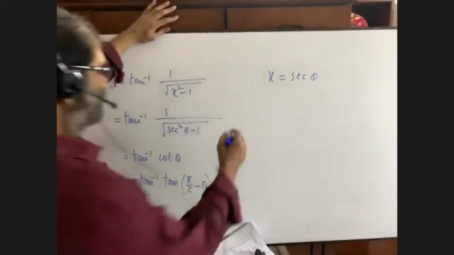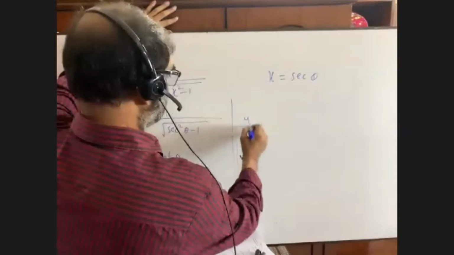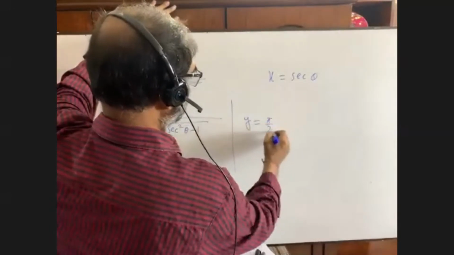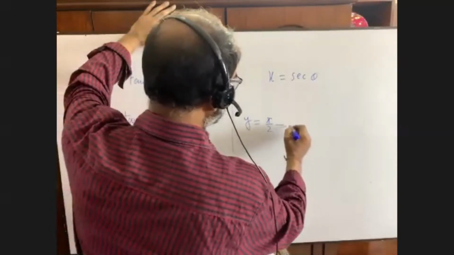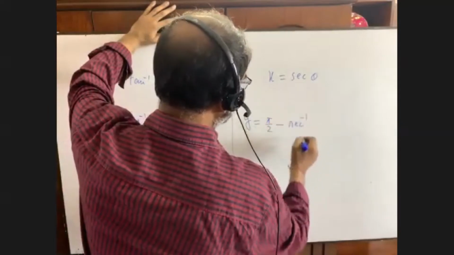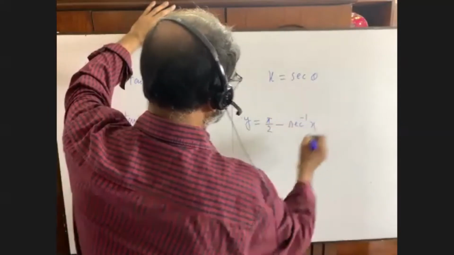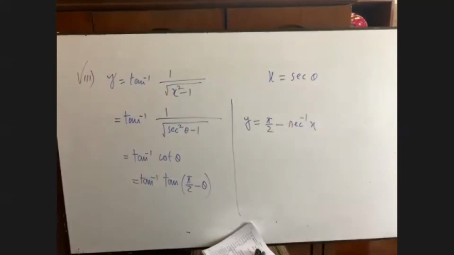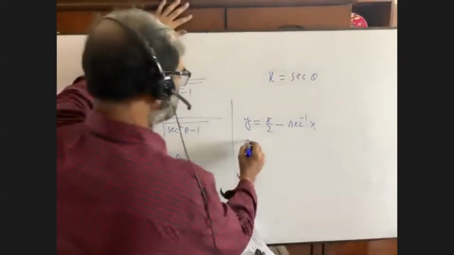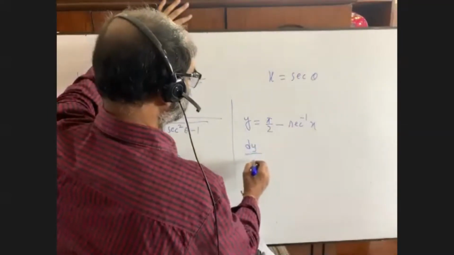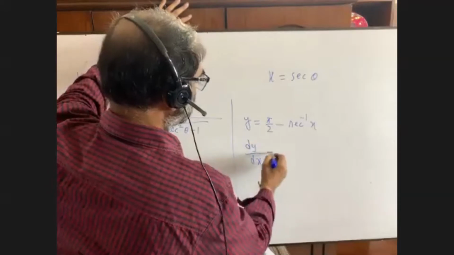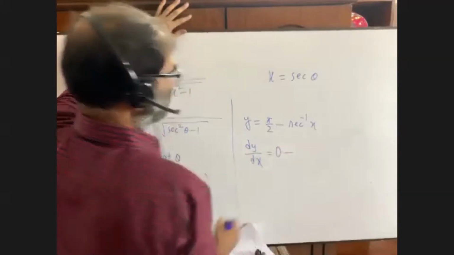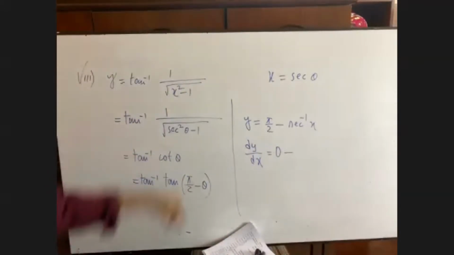So we are getting y equals pi by 2 minus theta. Theta means sec inverse x. Now can you please let me know what is the differentiation of sec inverse x? What is the formula here?